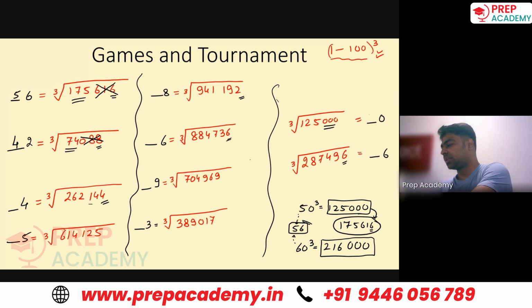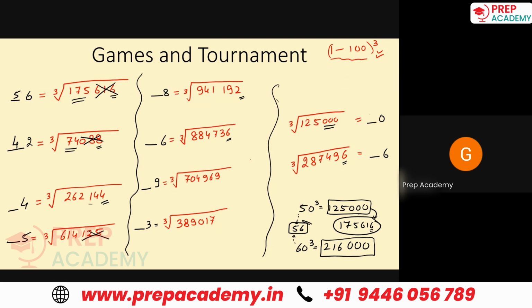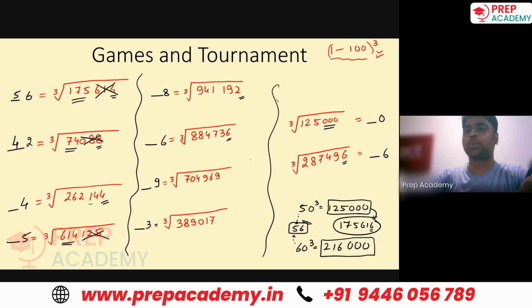The next one. 85. Lesser than 614, the cube is 512, which is of 8. So 85.